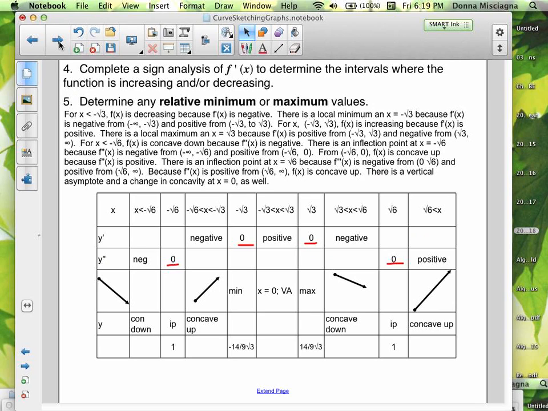So that means we were decreasing and then increasing. Oh, I think I'm looking at concavity, not increasing and decreasing, with my little arrows here. If our first derivative is negative, our function is decreasing, and then we have a critical point, and then our function is increasing.